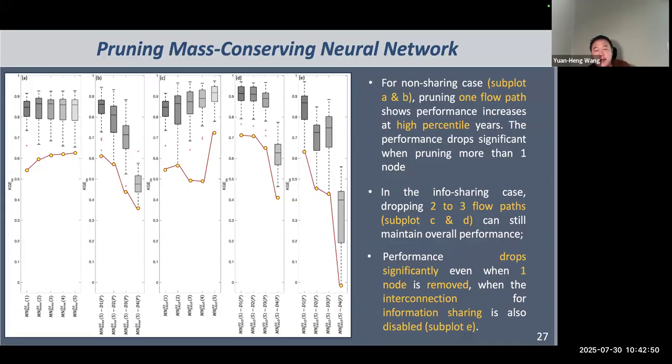Which means, for example, if you have 5 nodes, you have to define 5 parameters first, and then you take the exponential and sum them together, and put that in the denominator. And then your numerator will be the exponential of one parameter. So once you remove one flow path, I have no idea how to reorganize those weights to be the same as before. So that's why I didn't do a retraining. But anyway, I think it's something that maybe we can explore a little bit more if anyone is interested in this.